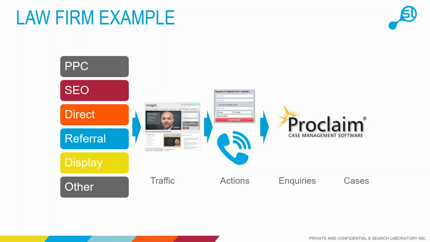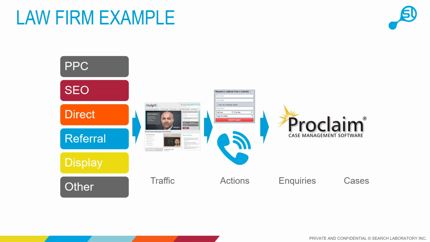I'll now illustrate an example of what we've done using this technique before, and the power of what it can offer. We've implemented this for a law firm here in the UK. Law firm and compensation type keywords are very expensive.